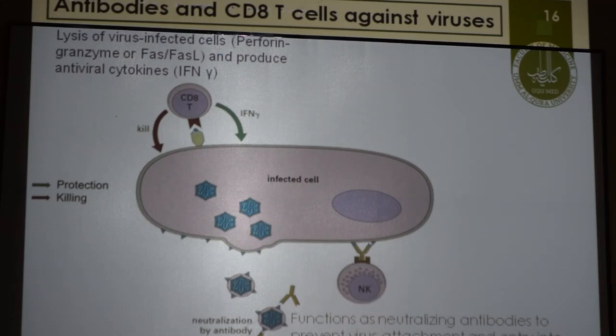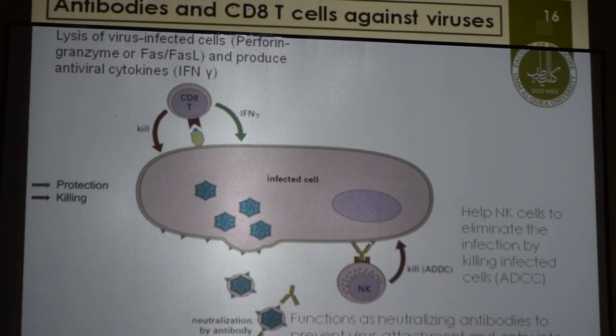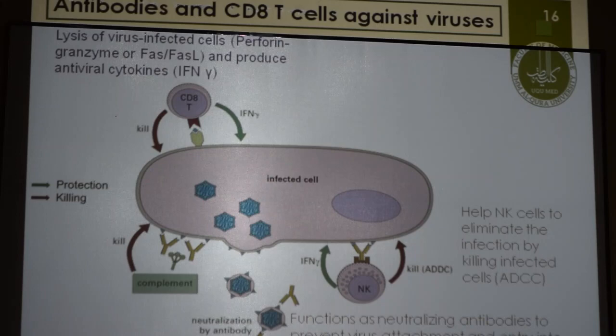Natural killer cells, whenever MHC class 1 is absent or stress receptors are expressed, will recognize them, and they also are capable of killing by perforins and granzymes. And they will also produce interferon gamma. The complement system can also be activated by the classical pathway, by IgM antibodies, and as a result they can sometimes also help in killing the virus infected cells.